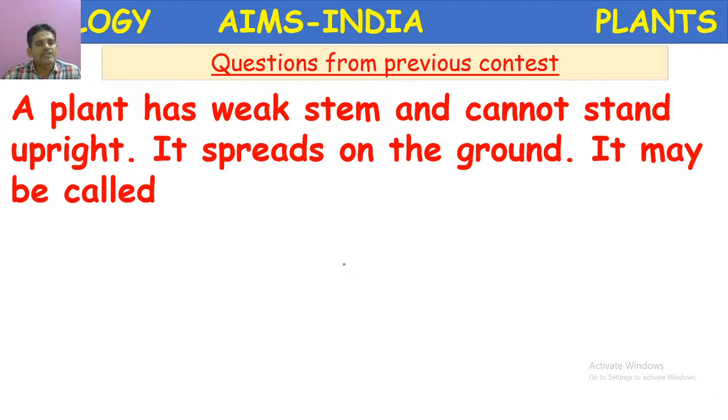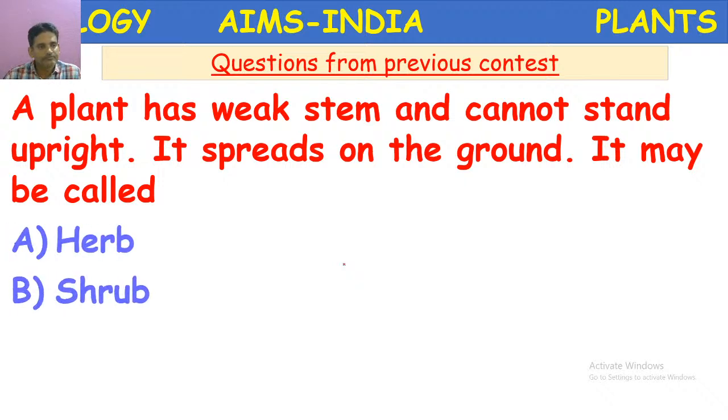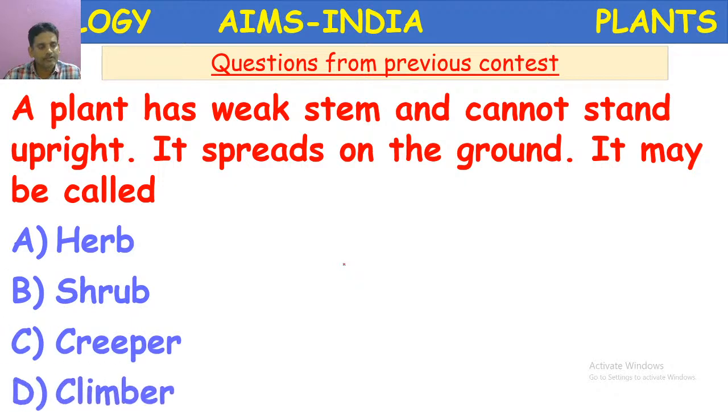A plant has a weak stem and cannot stand upright. It spreads on the ground. It may be called, as we discussed in the beginning, herb, shrub, creeper, climber. Come on, answer. Those who are in the live chat, please answer.